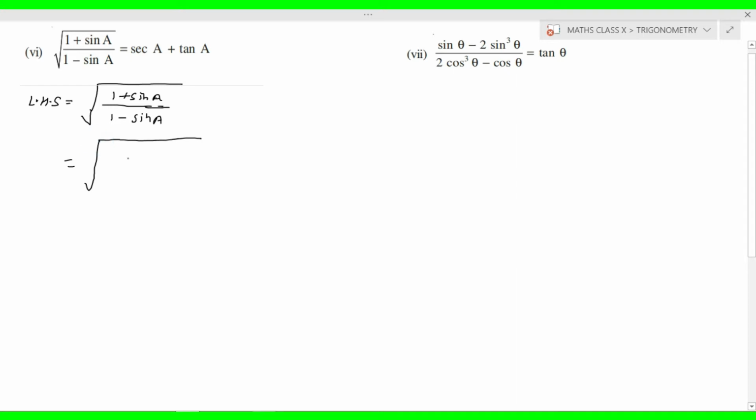As we used to rationalize the denominator, same process: we take 1 plus sin A divided by 1 minus sin A and multiply numerator and denominator by the conjugate of the denominator.